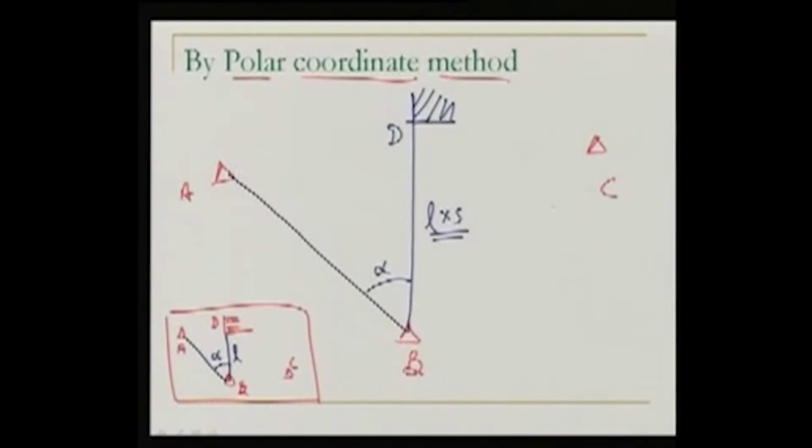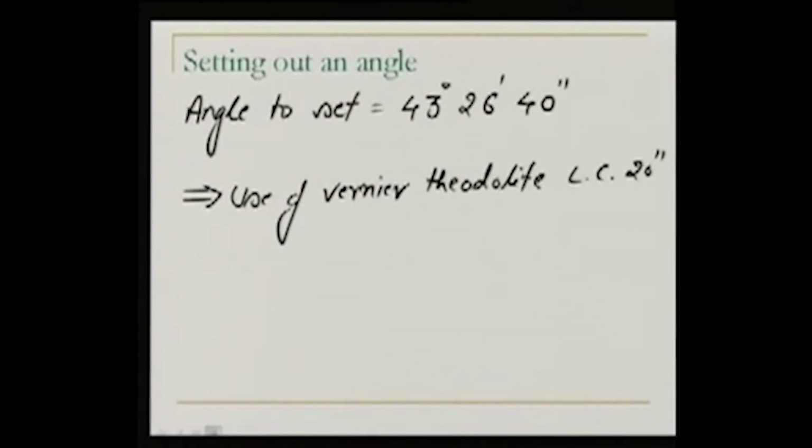What we observe here in this case, we had to set out angle as well as length. So the question comes now, how to set out angle and how to set out the length? What are the methods for this? Okay, we are going to now discuss the setting out of angle.